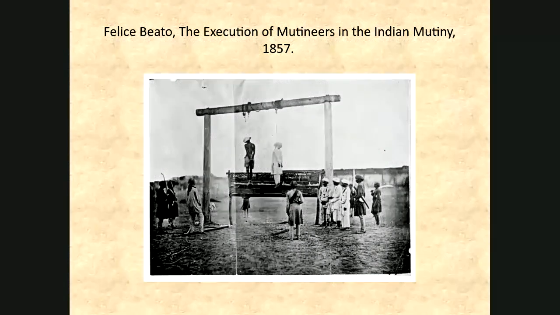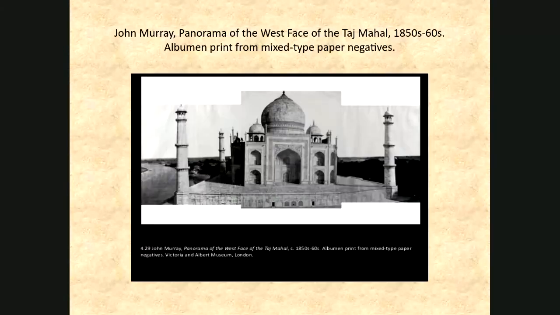Next, we have John Murray. He's another Western photographer who went to India as a medical doctor and ended up taking over 800 images during his time there. He was particularly skilled in making very large format images and panoramas, where he would create them using two or three connected photographs. So, combination printing again.